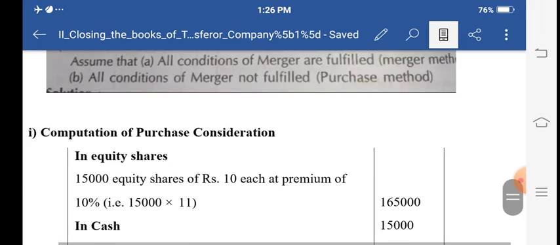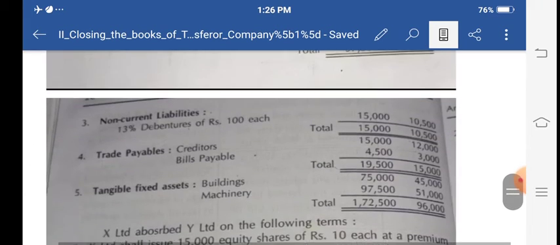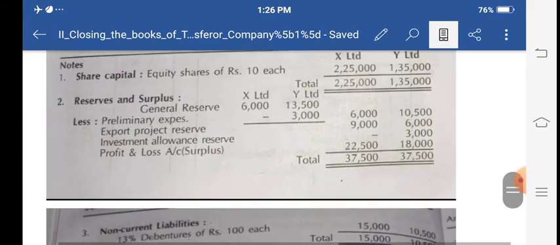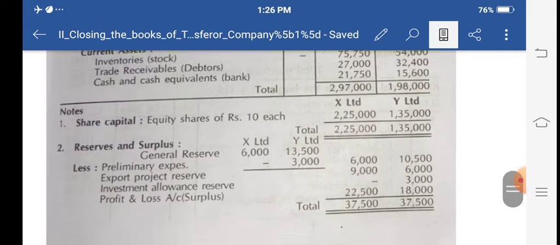See note number 2, reserves and surplus.